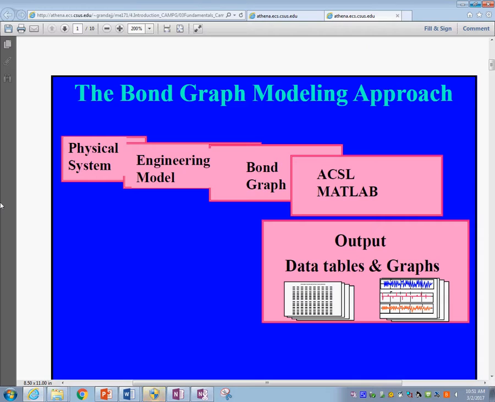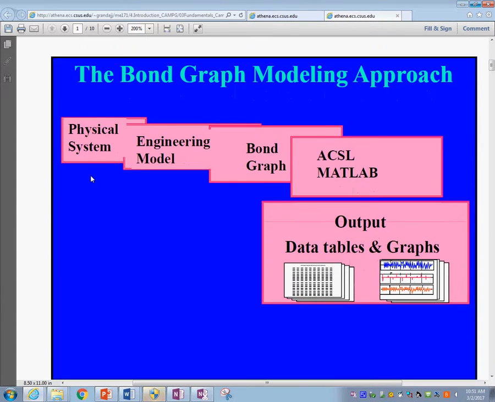In here you have a physical system. Then we create a sketch or engineering model, and then we make a one-to-one relation between the physical system and the symbols of bond graphs.